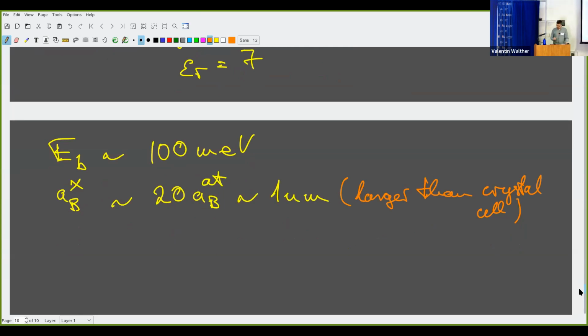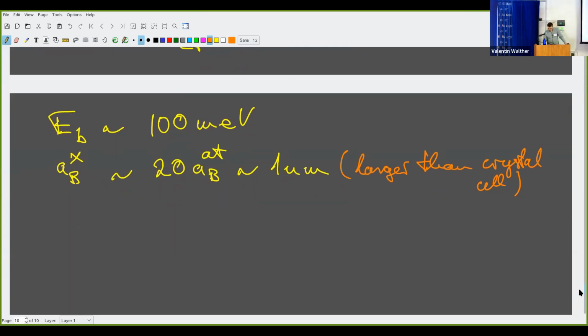Okay, and so maybe the most important point of Rydberg physics, as we just started seeing in Misha's talk, for example, are interactions.